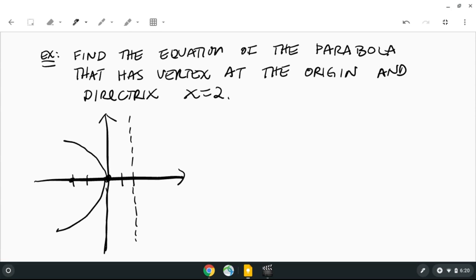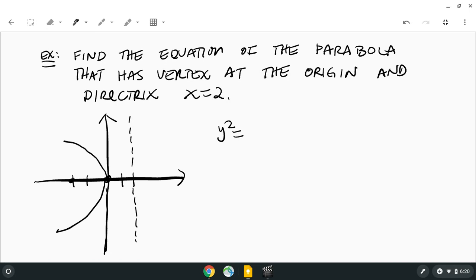But I don't even need that to write the equation. I already know everything I need to without the focus. I know that it's going to be this kind. It's going to be the y squared because it's a sideways parabola. And I know my p-value, right?